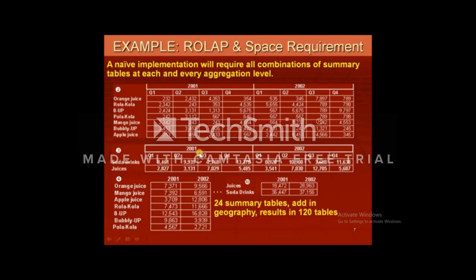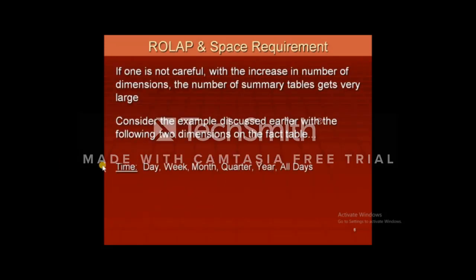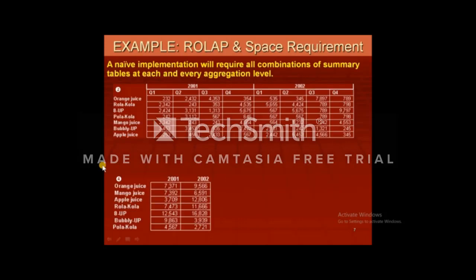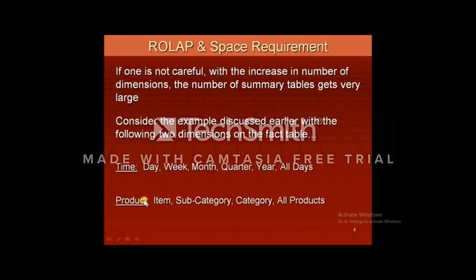Now if the number of dimensions grows, let's say we have n dimensions, we will have different combinations of all the hierarchies in each dimension. So similarly, if we discuss these two dimensions, time has 6 hierarchies and products have 4 hierarchies, we will have 24 summary tables.